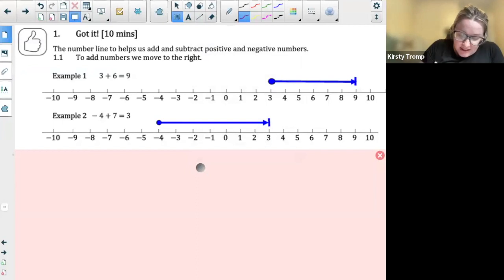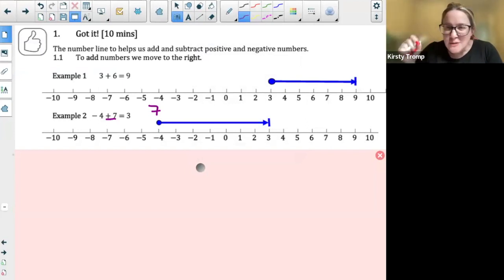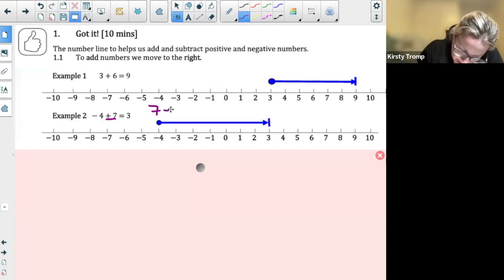Do you agree that this 7 is always going to stay as a positive 7, hey? Yes. Okay, so I'm going to keep him as 7. And this 4, he's not just 4. What is he? He's negative 4. So I'm going to shuffle him and make him -4.